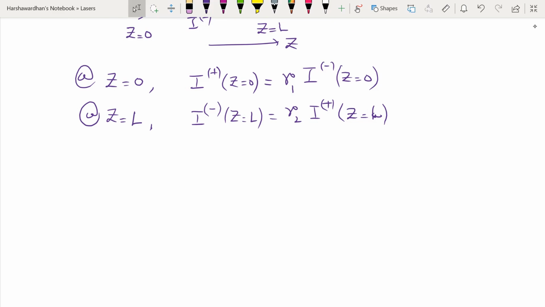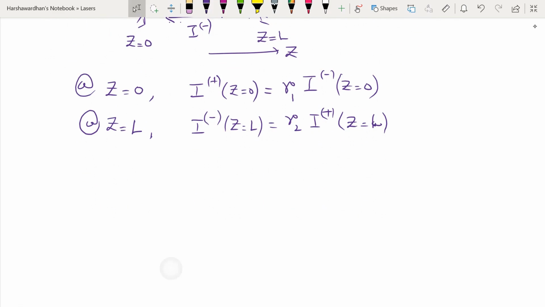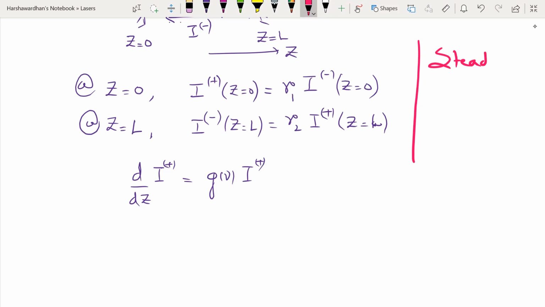That is the equation governing the propagation from z equal to 0 to z equal to L. So for example, I write that d by dz of I plus is simply g of nu times I plus. Again, let's be very careful, my interest is in steady state. So d by dt of all my quantities, I and so on, are set to 0.